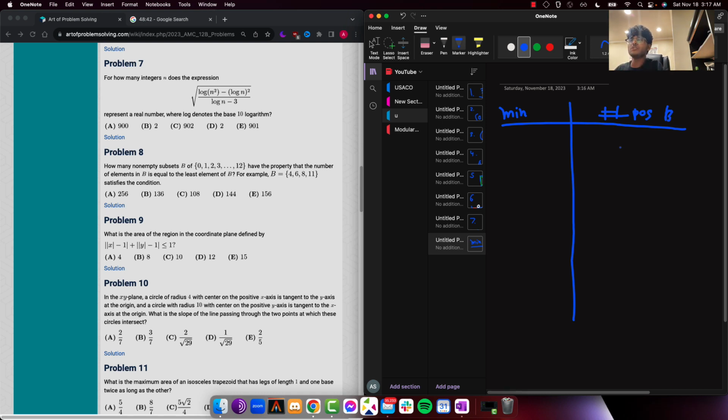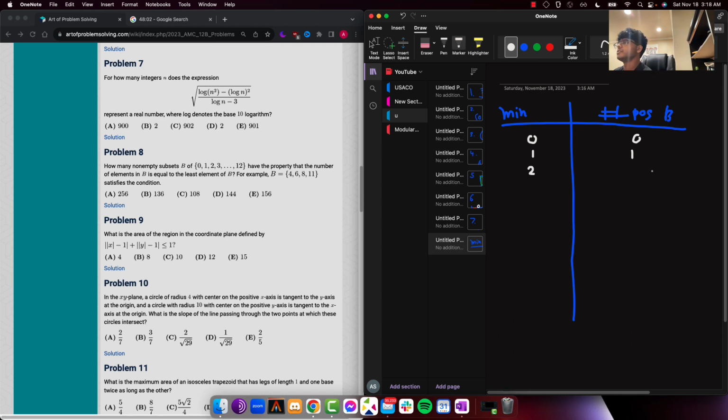So the minimum element, if it's 0, right, then we can't do the empty set, and 0 isn't even in the empty set, so yeah, we can't do that. So when the minimum is 0, we have 0 cases. When we have 1, then we just have 1 case because we just have a set that has 1 in it. When we do 2, how do we construct a set where the minimum is 2?